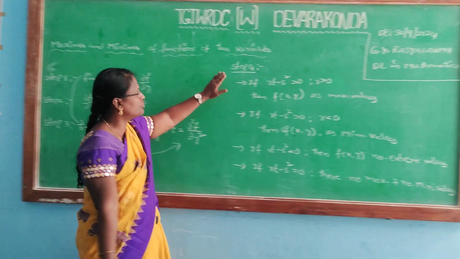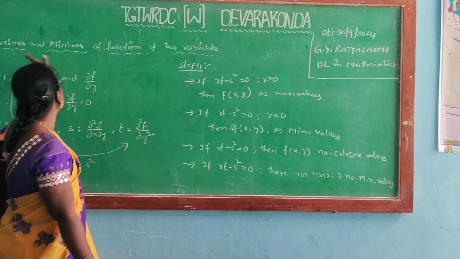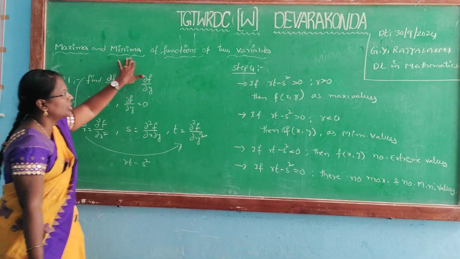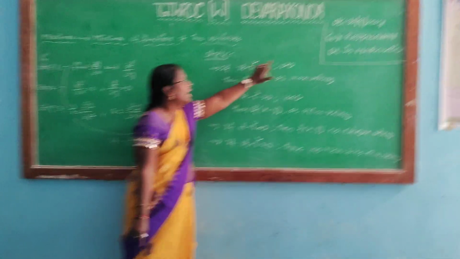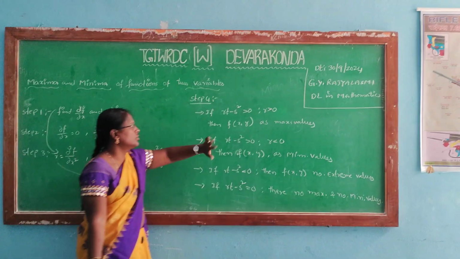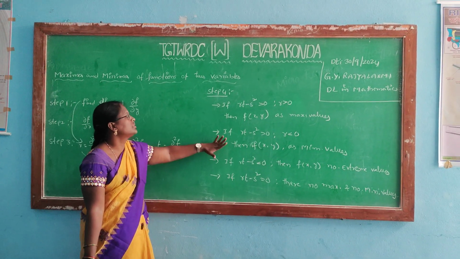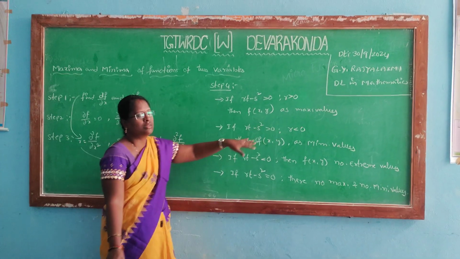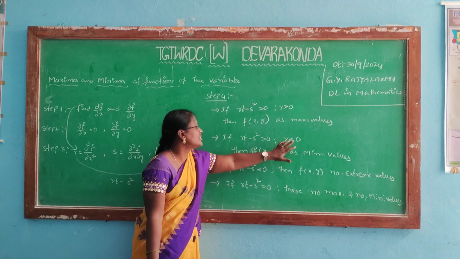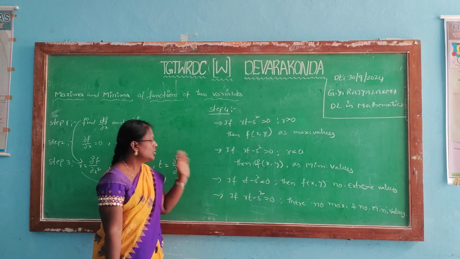So in this step 4, this is how we decide whether the function has maximum or minimum values. If rt minus s square greater than 0, that is positive, and r also greater than 0, the function has minimum values. If in case rt minus s square greater than 0 and r less than 0, the function has maximum values.